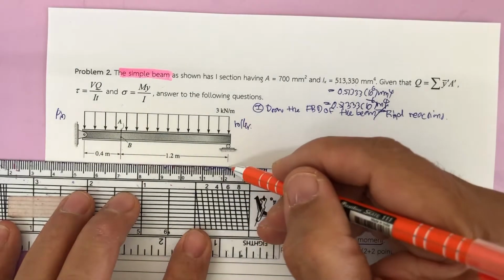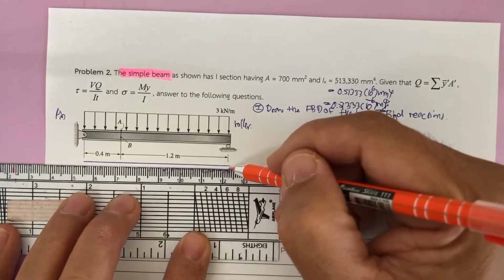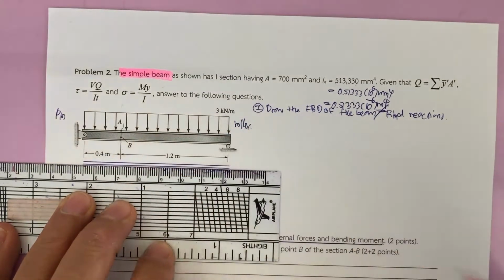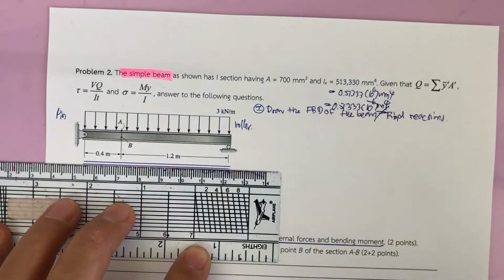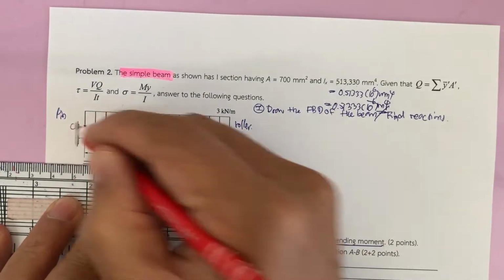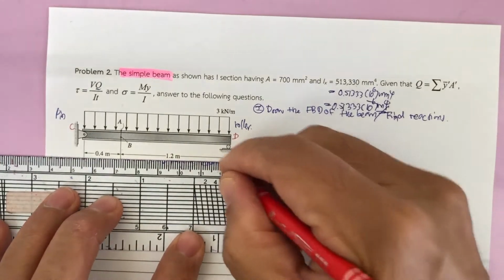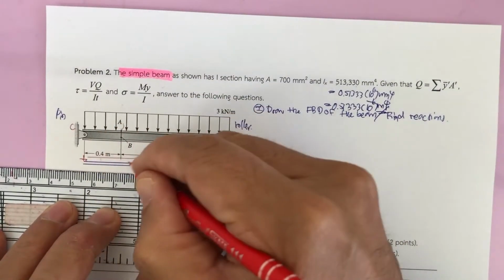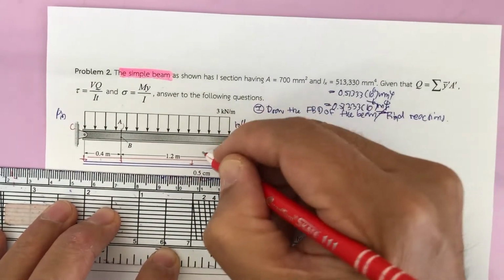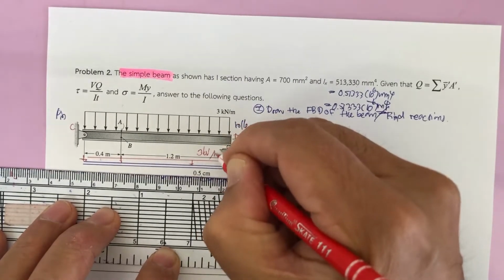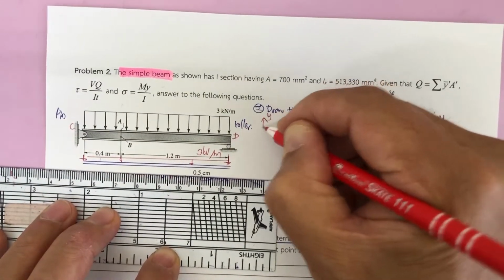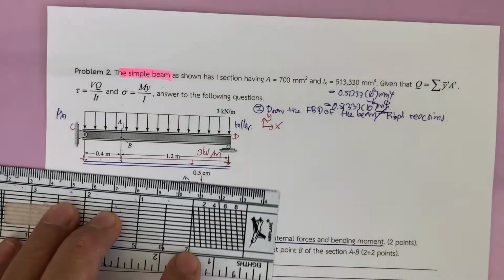By doing this, that means we have to draw the free body diagram of the beam. It has A, B, this is C, this is D, under the application of the distributed load given here of 3 kilonewton per meter, and has the X and Y reference axes.